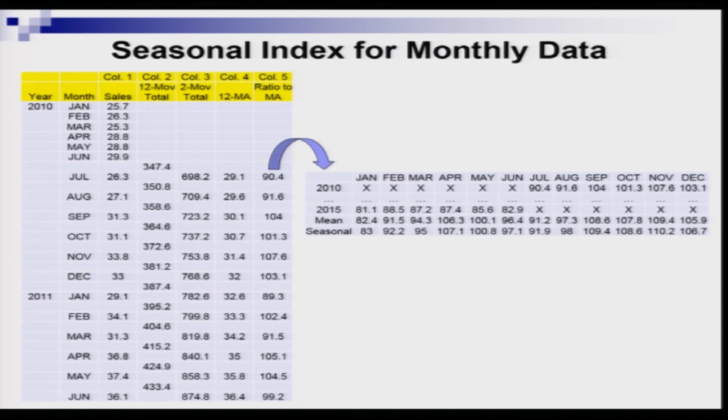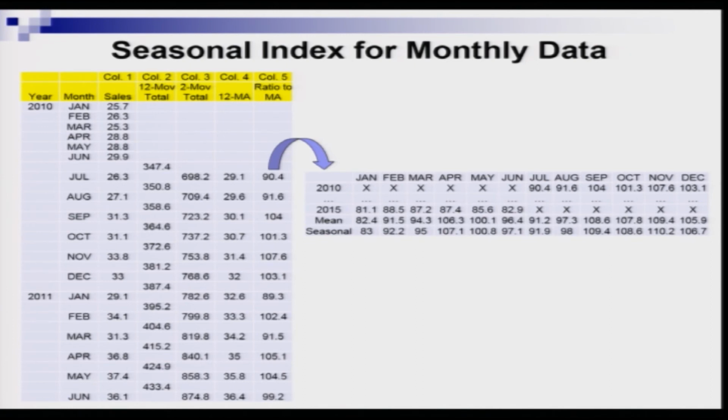And then you have to compute the next entry for the 12-month moving total. What to do? You now exclude the value for January 2010, which is 25.7, and include the January 2011 sales figure, which is 29.1, and then calculate the sum.